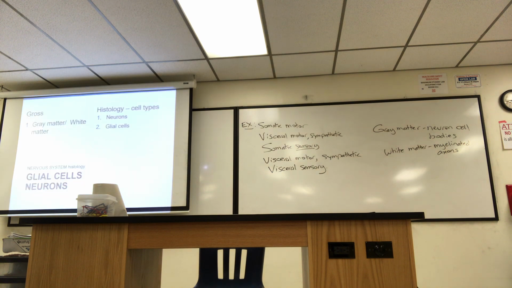Let's talk about the histology. You can see gray matter and white matter with the naked eye when you look at nervous tissue. But in terms of the histology of the cell types, the neurons and the glial cells, I talked about neurons already.